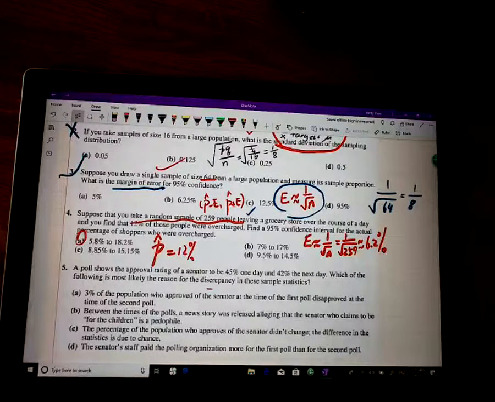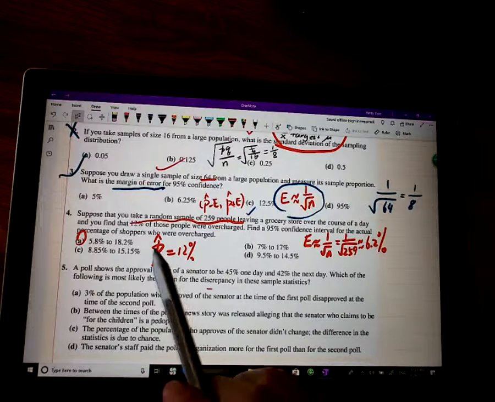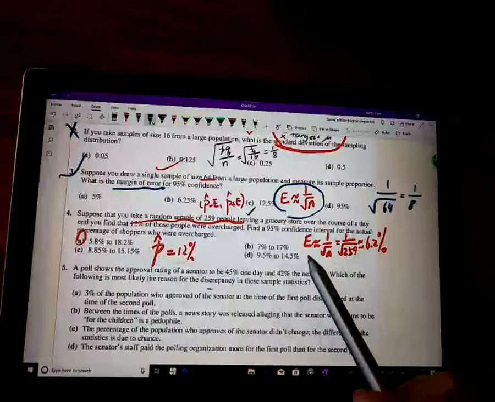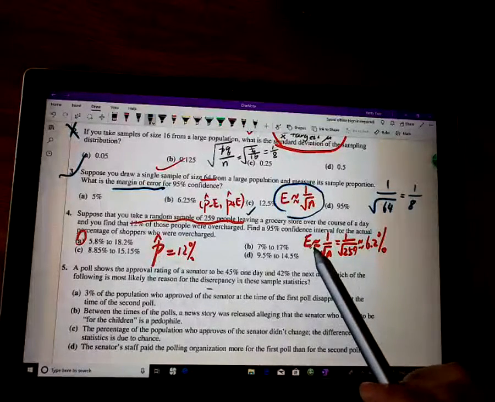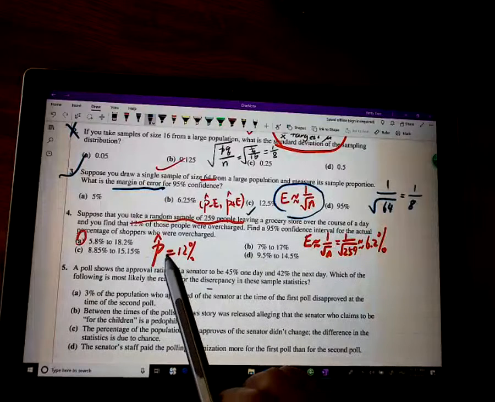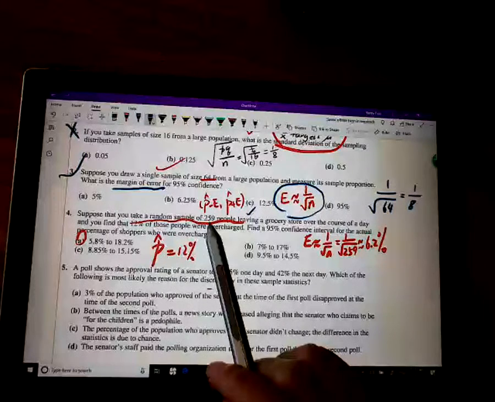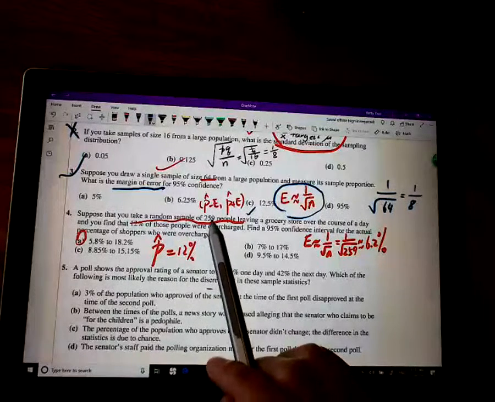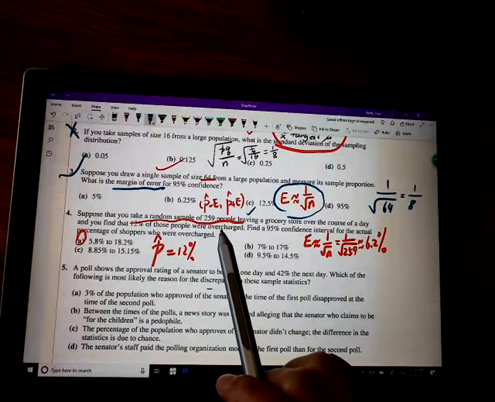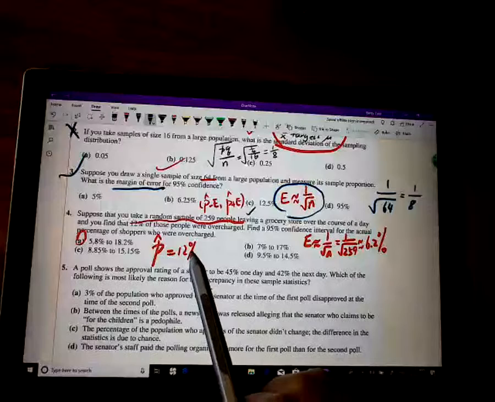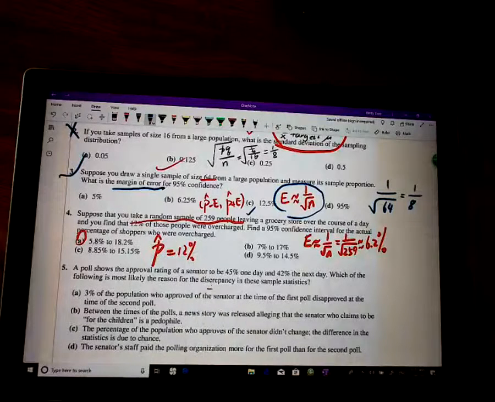In order to find it, we need the center, the sample proportion, and the margin of error, E. The sample proportion is given. Your sample, which has those 259 people, the sample proportion is 12%. In your sample, 12% of people were overcharged, right?